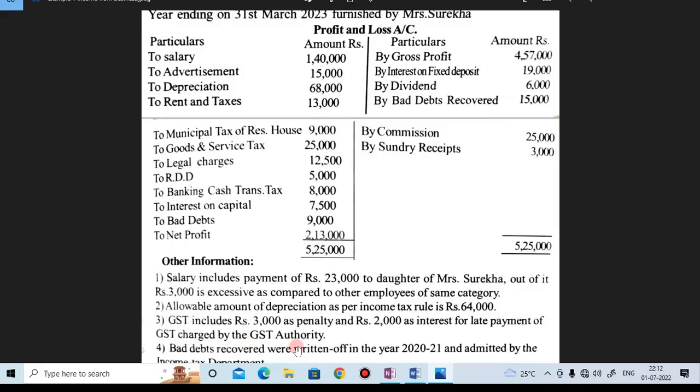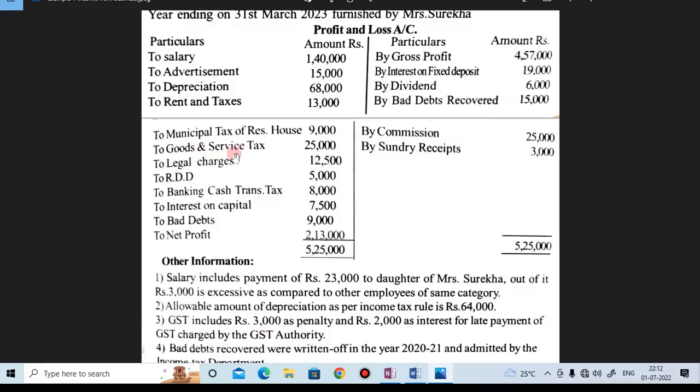Here GST interest is given, but this 2,000 is not a disallowed expense, because it is interest for late payment of GST charged by the GST authority. Only the 3,000 penalty is a disallowed expense.